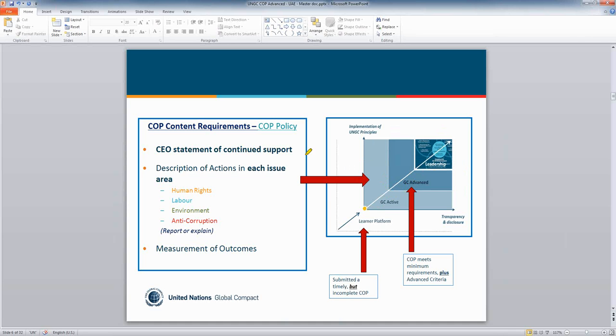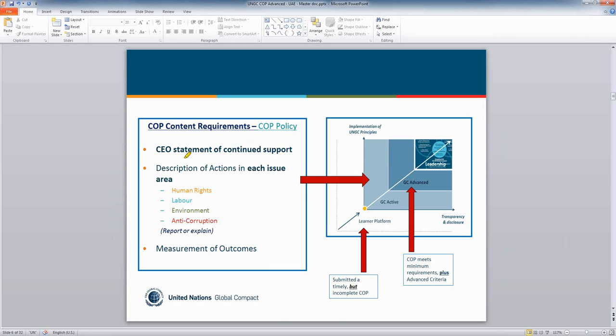And the levels are directly attached to the requirements of a COP. Our COP policy establishes that the minimum requirements in a COP are three: a CEO statement of continued support, a description of actions in each one of the four issue areas, and a measurement of outcomes. This is the basic structure of the COP policy.